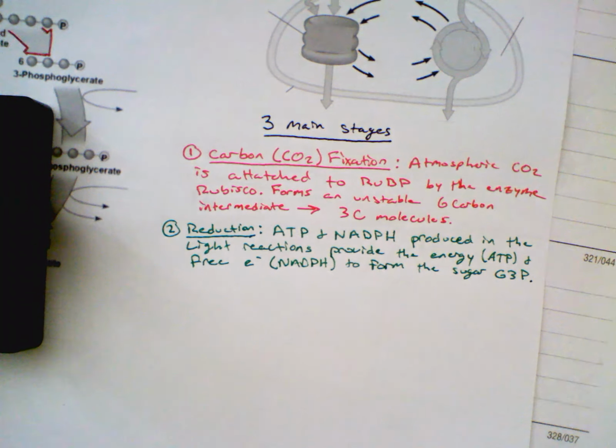Okay, so G3P is not a biologically significant sugar. Like, we don't directly use it for anything, but it's a really important intermediate that gets us to all the sugars that we do use.